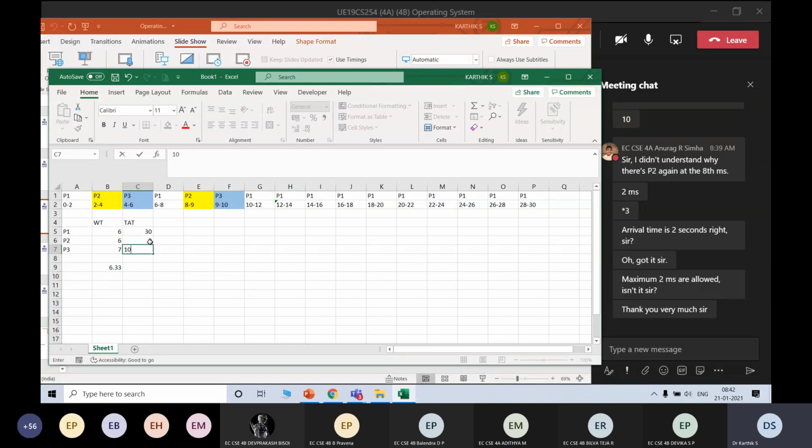So the turnaround time of P3 is 10 milliseconds, and you take the average of it, it is basically 16.33 milliseconds in this particular example. I think earlier it was 15.67. By reducing the quantum, the turnaround time has actually increased in this particular example.